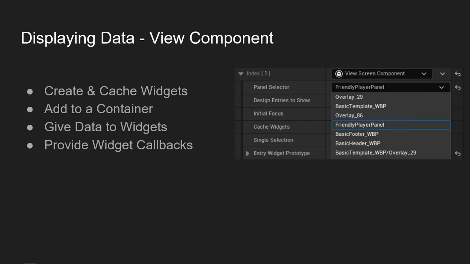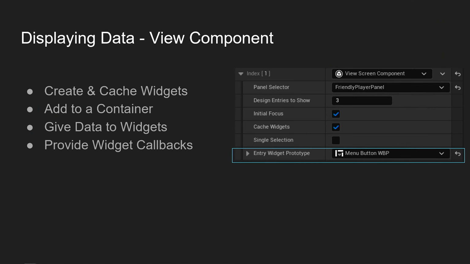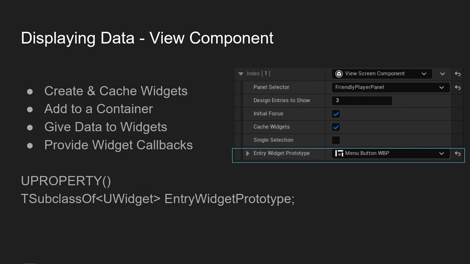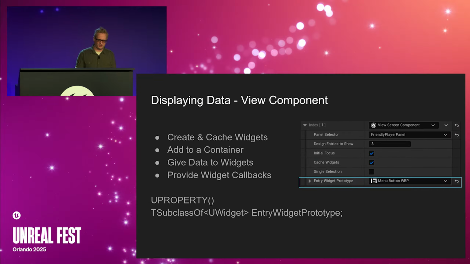In terms of selecting what container it goes to, we put in a widget selector, which will just go to your design view, and you can pick any widget that you've put there. Now, one thing I want to point out is that you may think what I have highlighted here is a TSubclassOf, because that's usually what it looks like in Unreal, where you can choose a class.